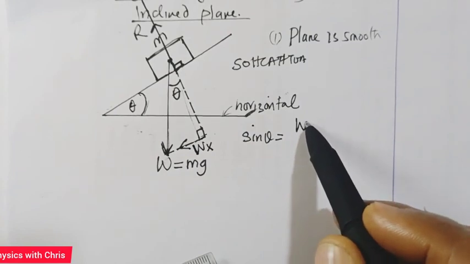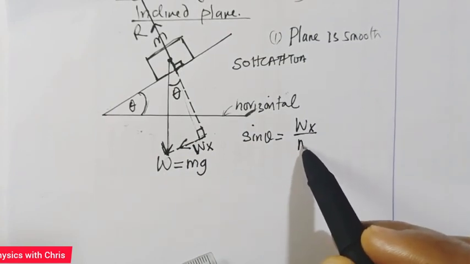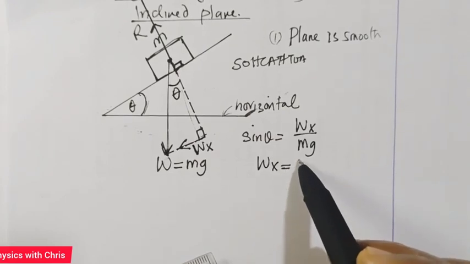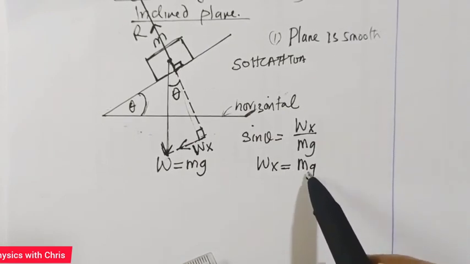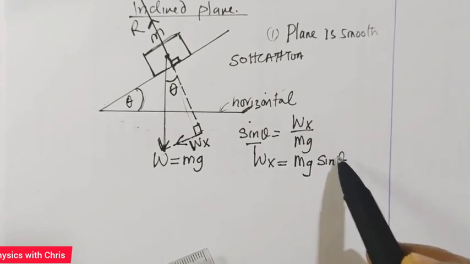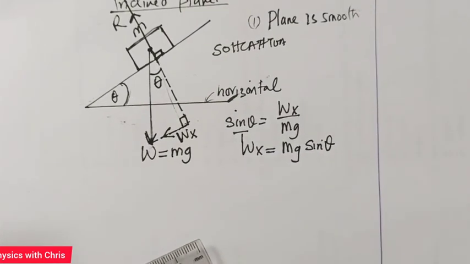So my Wx over the weight of the body, which is mg. So my Wx is equal to, if I cross multiply, mg sine theta. Okay? So this component Wx, that's the component of the weight of the mass, acts along the plane, parallel to the plane.